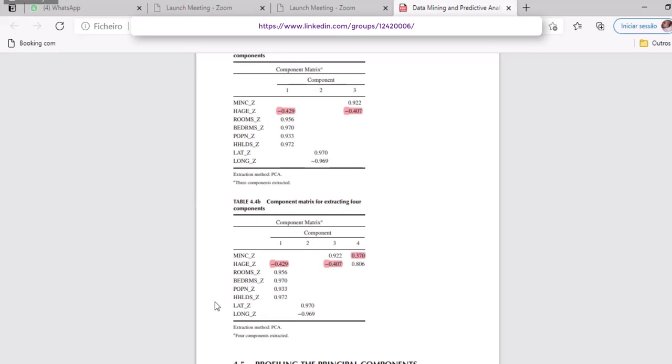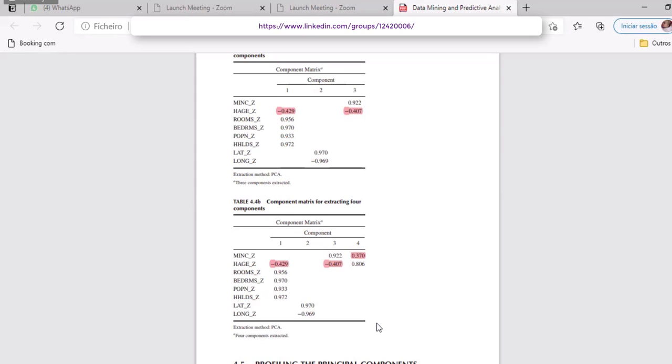And for component number 3, the age also is not represented with the component. And for the component number 4, the income is not represented by the component number 4, okay? Because the number is less than 0.5. So 0.5 is a threshold.